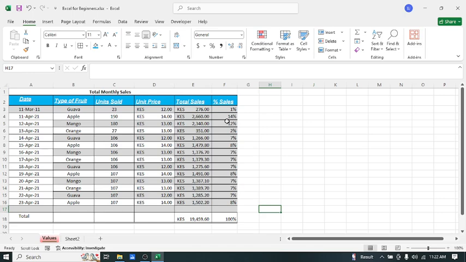But with absolute reference, the cell referenced will not be moving. If the formula is pasted on any cell, it will only be referencing one cell because it is absolute reference.